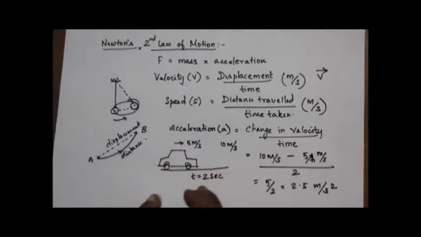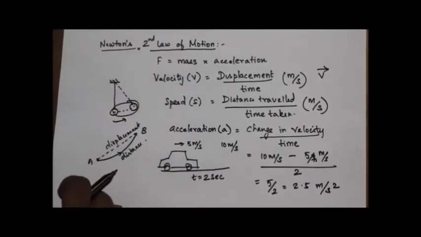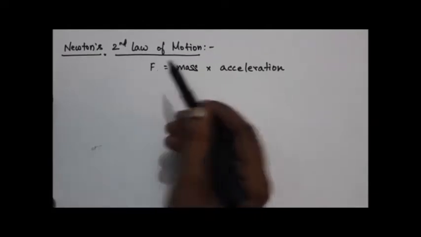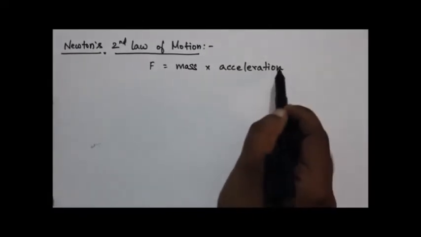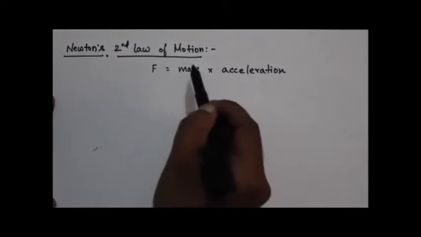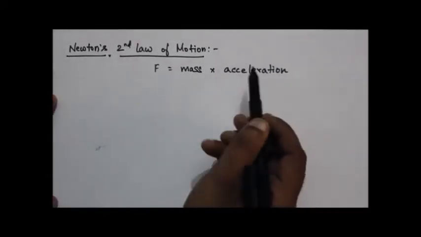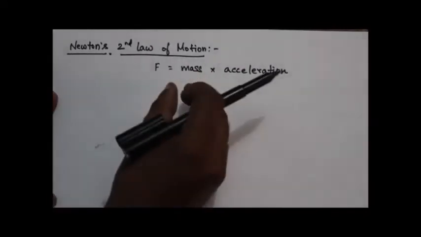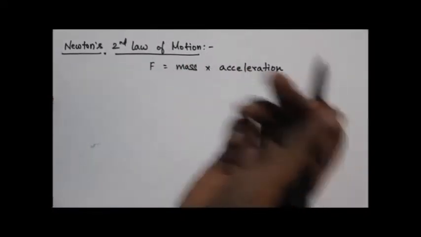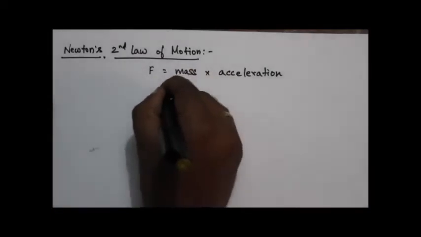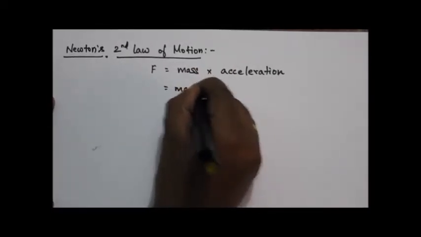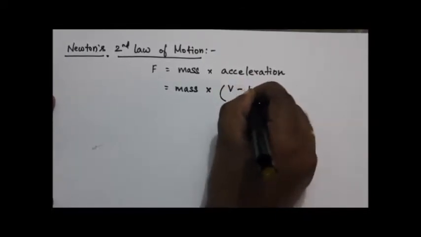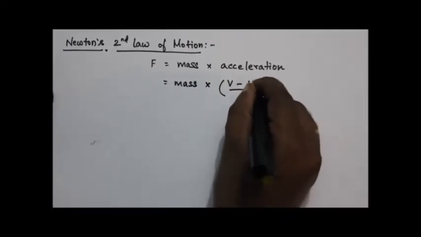Now, how does this come in terms of Newton's second law of motion? Having defined that force is mass times acceleration, this particular equation is applicable in many practical applications. But we can also read this equation in a different form. We know that acceleration is defined as the change in velocity with respect to time.